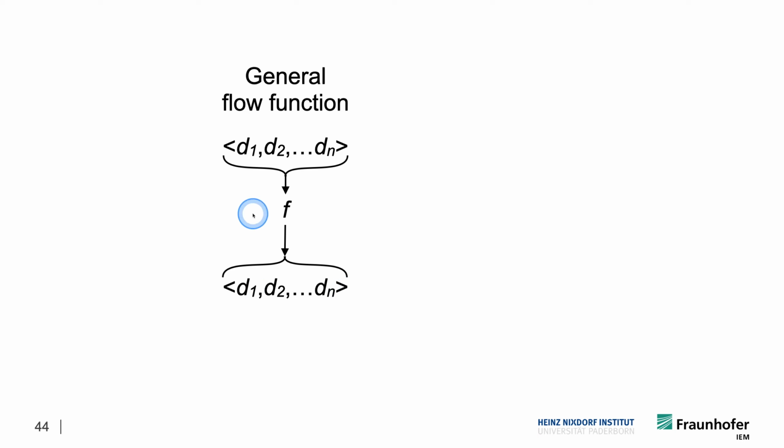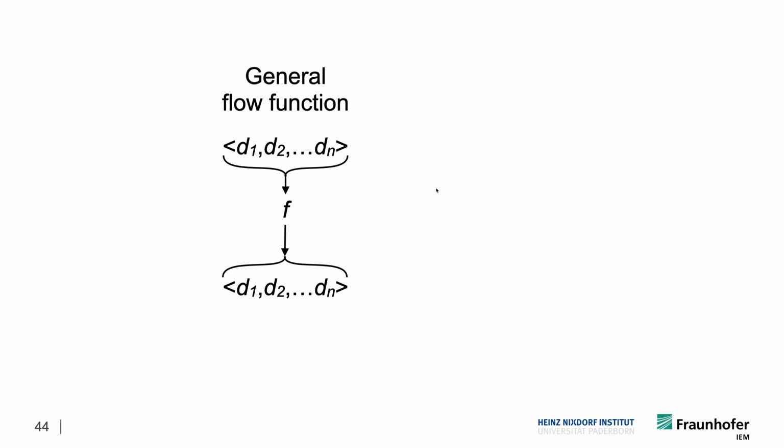And in the very general case, there can be any kind of relationship between any of these inputs and any of these outputs. The only requirement is that this needs to be deterministic, right? But that's it. Particularly, any of these values can depend on any particular combination of these input values.